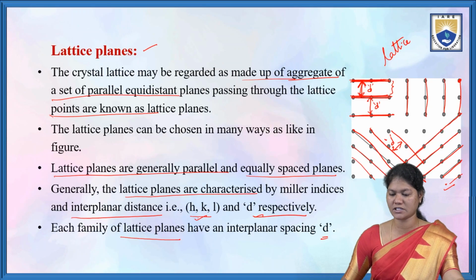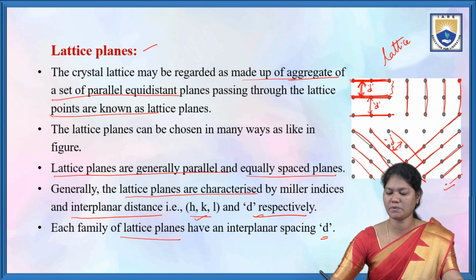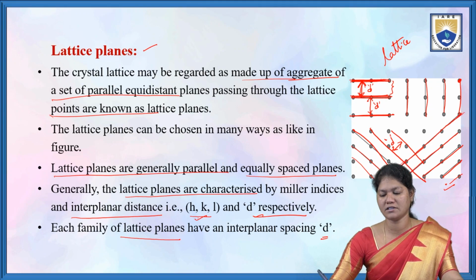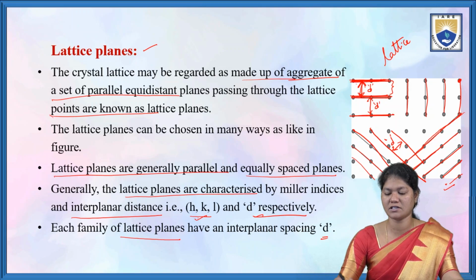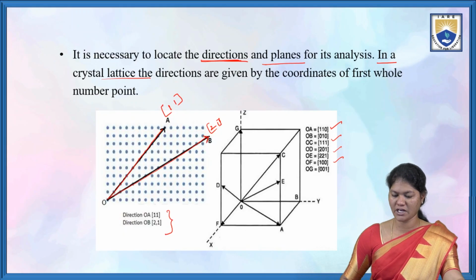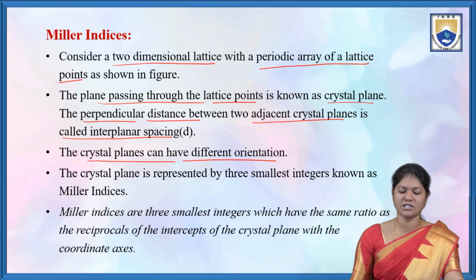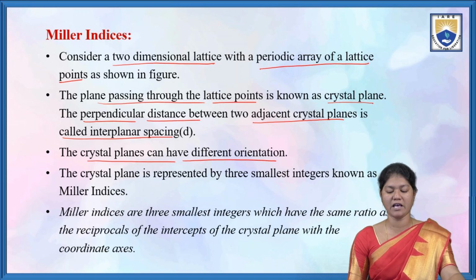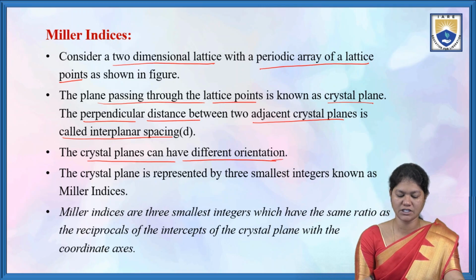Here in the lattice planes, these planes are in different orientations. This one is in the horizontal direction and this is in the vertical direction. It has many orientations. So crystal planes can have different orientations.